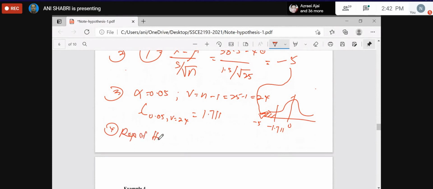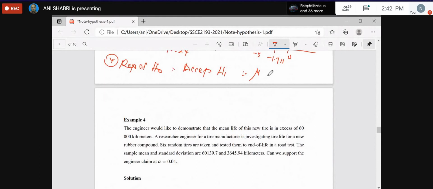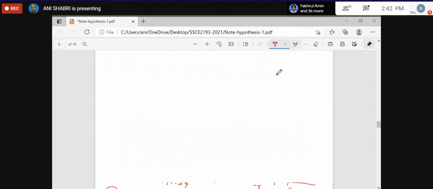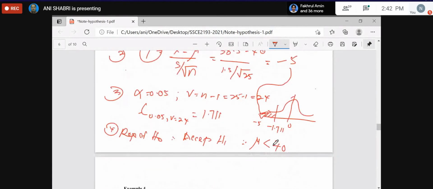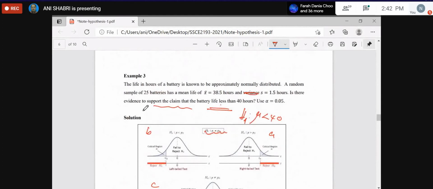It means we accept H1. Look here, H1 is mu less than 40. From the calculation, we get mu less than 40. Do we support the claim or not? The claim is that the battery life is less than 40.